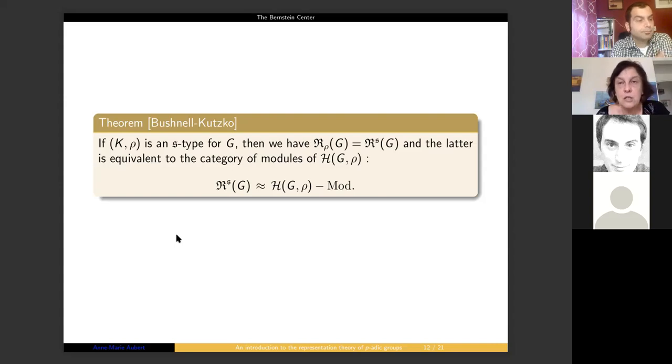And the Hecke algebras are computed, so we know what the Hecke algebras are. Now, if you look at inner forms of GL_n, thanks to the work of Broussous, Sécherre, and Stevens, we also have a construction in all cases of the types and of the Hecke algebras.